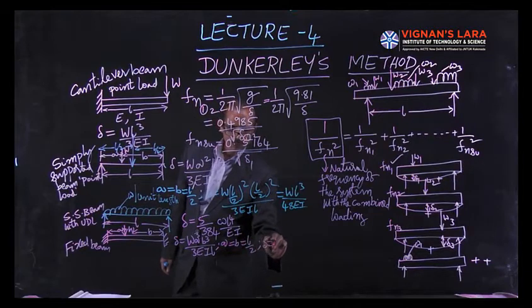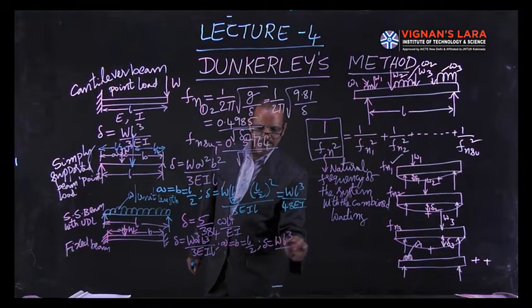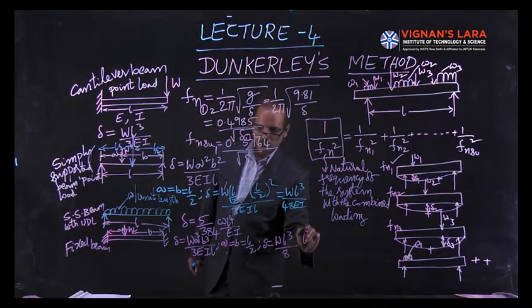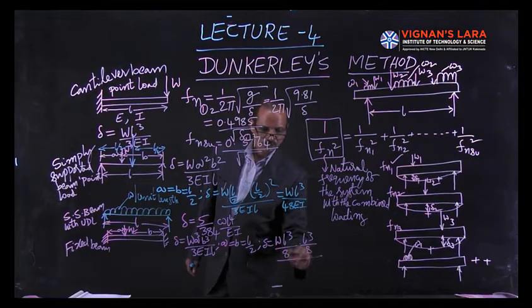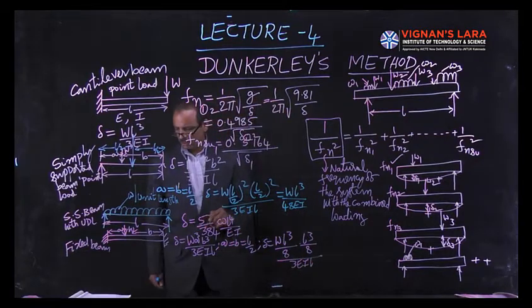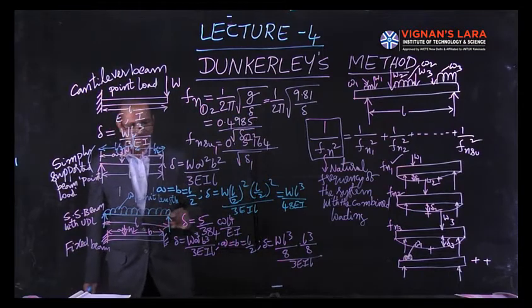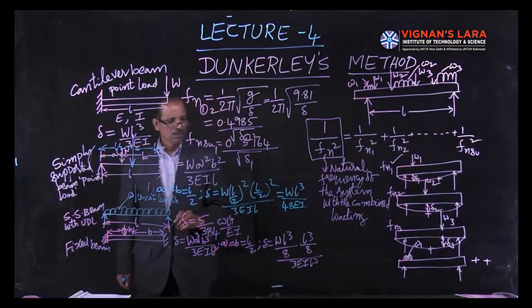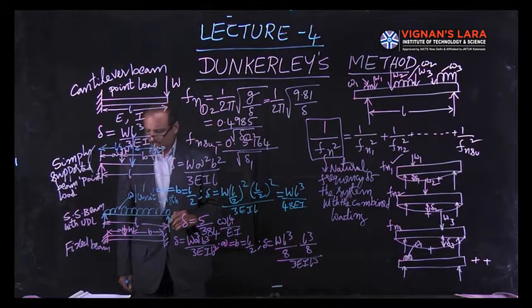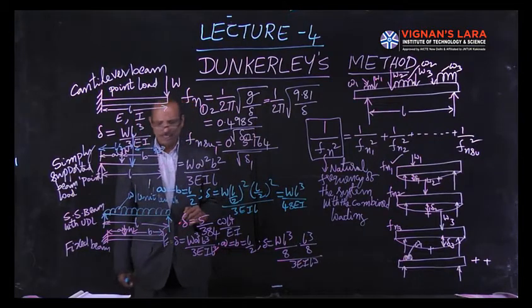Then delta becomes W into L cube by 8 into L cube by 8, by 3EIL cube. So A is equal to B is equal to L by 2. How much do you get?